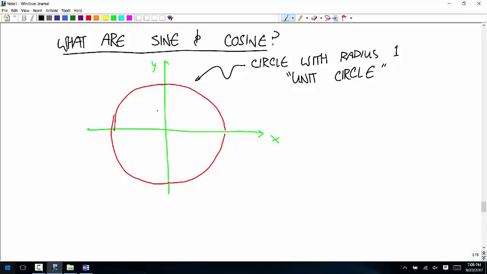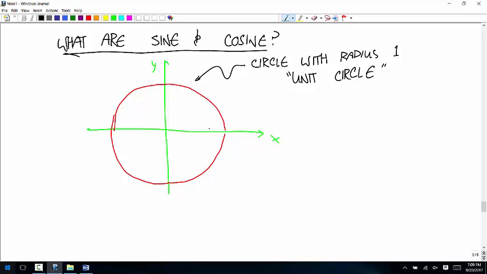And now, for any angle, start at the positive x-axis and move counterclockwise that angle. So let's say that theta is equal to 120 degrees.